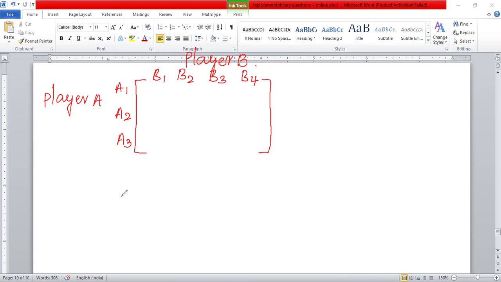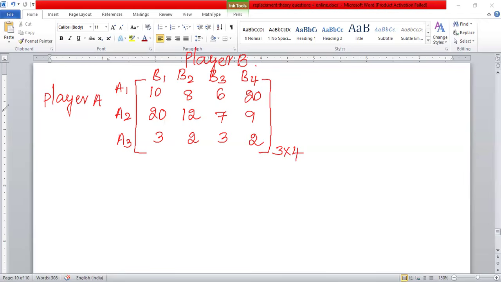So the first row is 10, 8, 6, 20. Second row 20, 12, 7, 9. Next 3, 2, 3, 2. So here 3 rows, 4 columns. This is the first question to solve game theory using the Maximin Minimax principle.